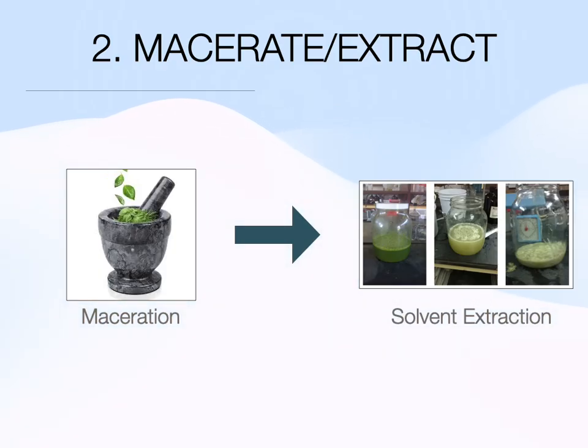This is done over a period of about 24 to 48 hours and is referred to as a slow extraction process that is intentionally left at room temperature so as to minimize degradation of the phytochemicals.